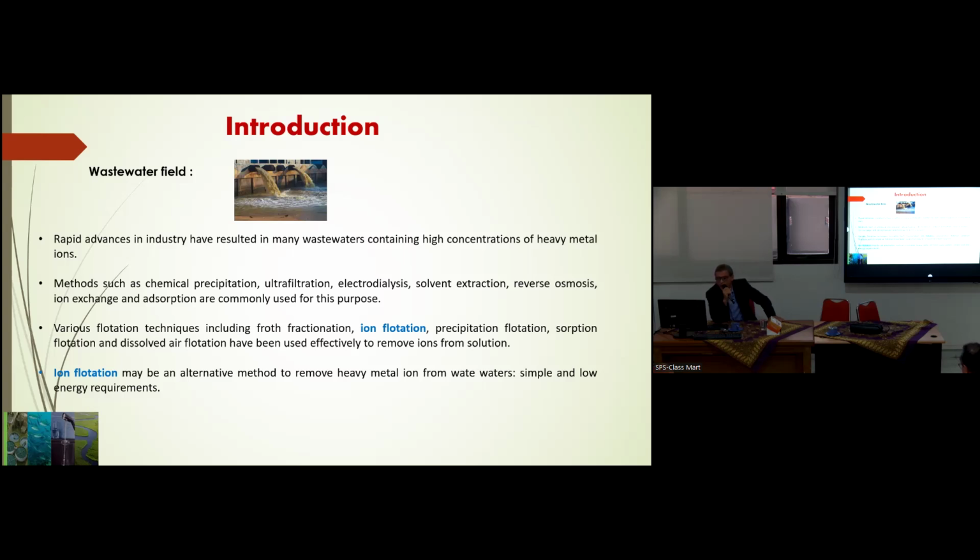But ion flotation may be an alternative method to remove heavy metal ions from wastewater because it is simple and has low energy requirement. You will see that this process is very simple.